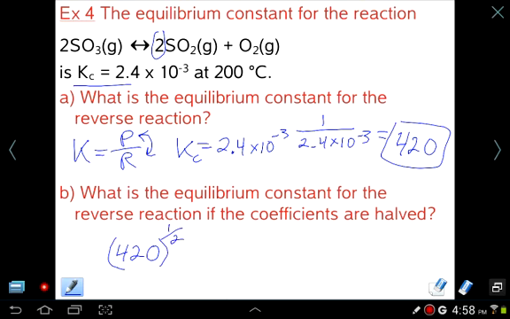So we raised 420 to the half power, and if you recall from mathematics, raising something to the half power is the same thing as taking the square root of it. So really we're taking the square root of this value. Take the square root of 420 and you get roughly 20. So the equilibrium constant comes down to 20. And hopefully this little example solidifies the idea.